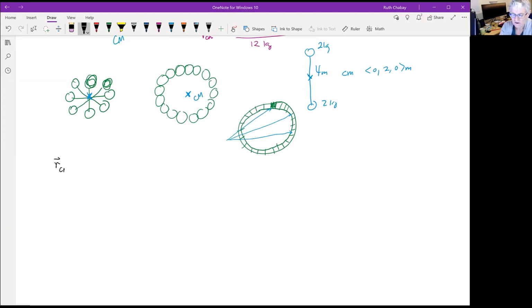So we have this definition: the center of mass is equal to m1r1 plus m2r2 plus whatever over m1 plus m2 plus, and of course this is just the total mass of the system, so we can write it as the total mass of the system.